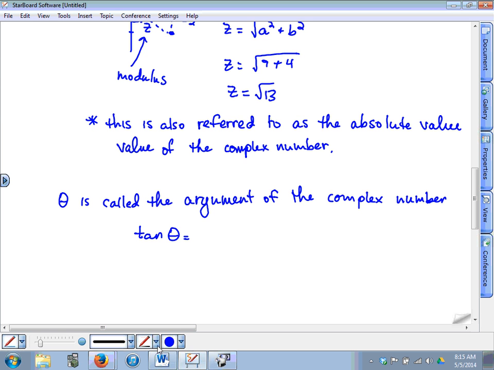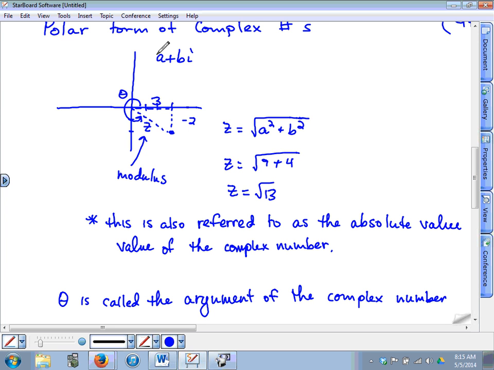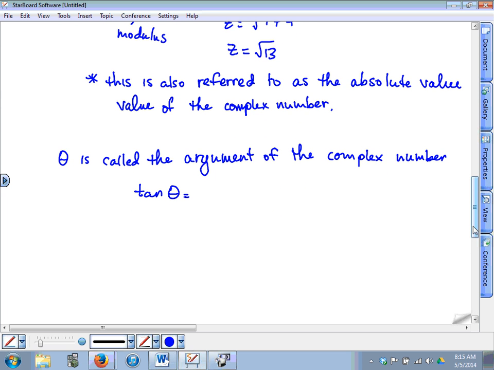So it's just the exact same. Instead of the tangent of theta equals y over x, tangent of theta can equal what over what? Remember, a complex number is a plus bi, where a is the horizontal component, b would be referred to as the vertical component. B over a.